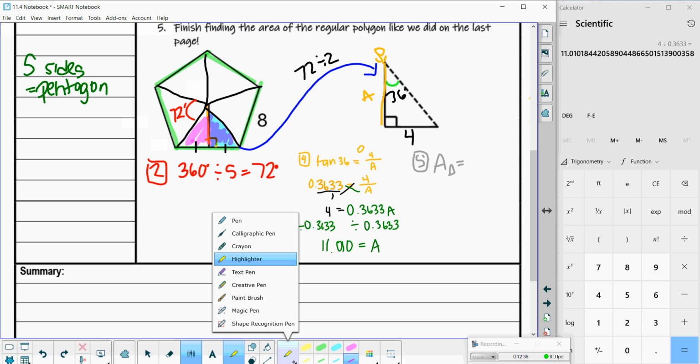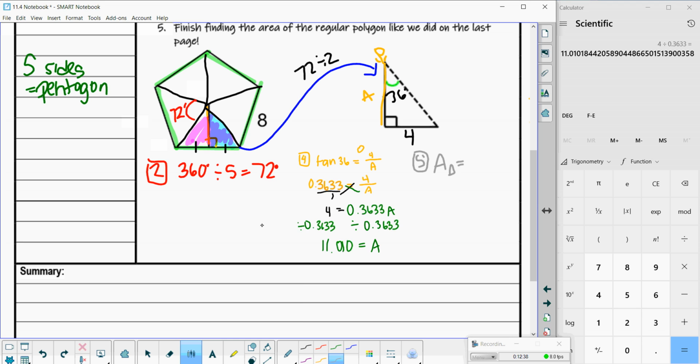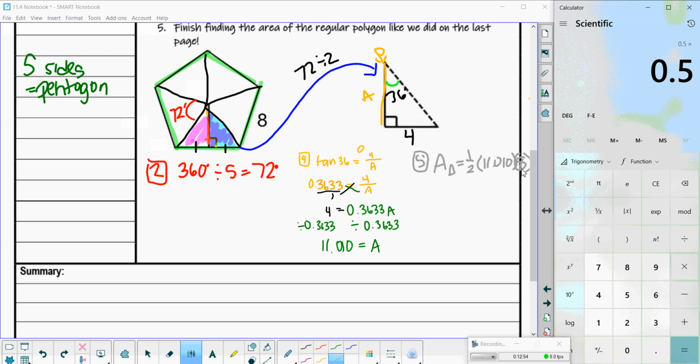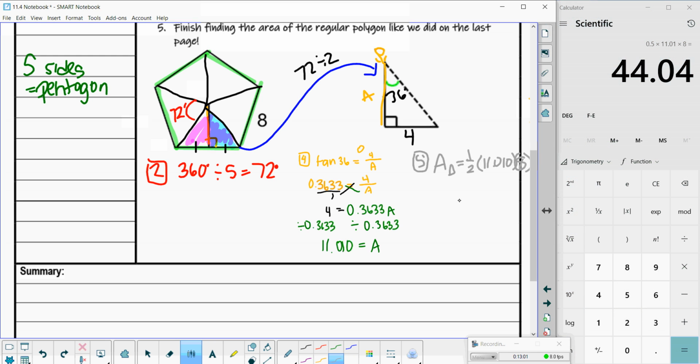So the height, which is the apothem, is going to be the 11.010, and then our base is 8, since that's a side length. Type that in the calculator, 0.5 times 11.010 times 8. So area of one of those triangles is 44.04.